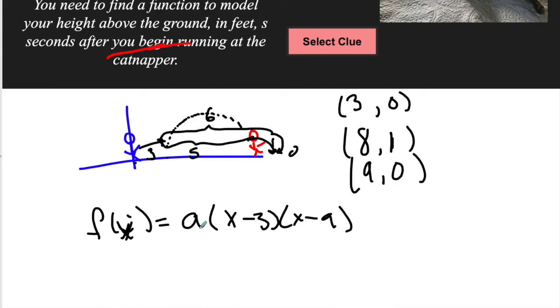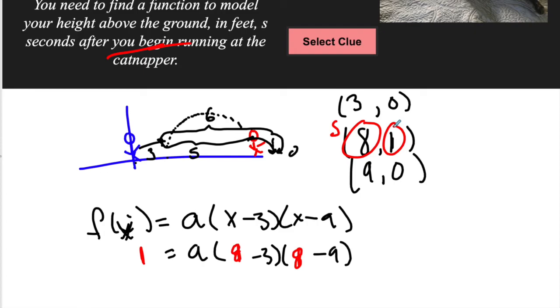When I plug in 8, I should get 1, because I have an 8, which is an s, so if we're going to go with the system, call it f of s.